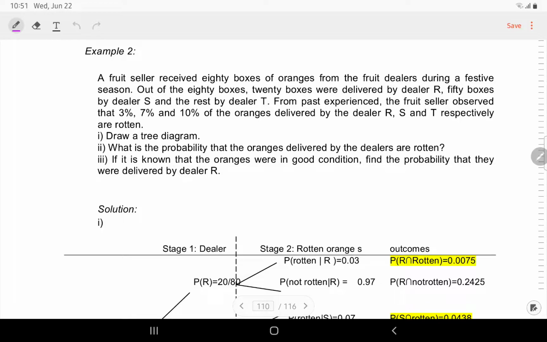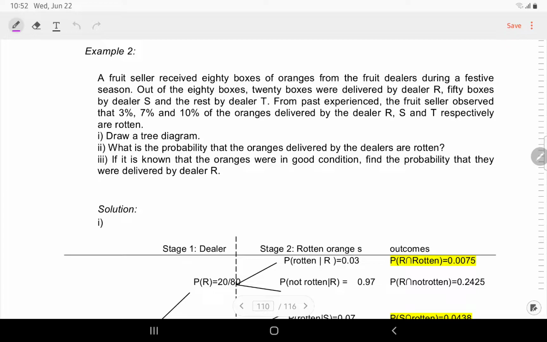Out of the 80 boxes, 20 boxes were delivered by dealer R, 50 boxes by dealer S, and the rest by dealer T. From past experience, the fruit seller observed that 3%, 7%, and 10% of the oranges delivered by dealer R, S, and T respectively are rotten. Draw a tree diagram.